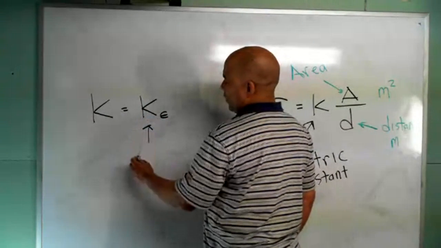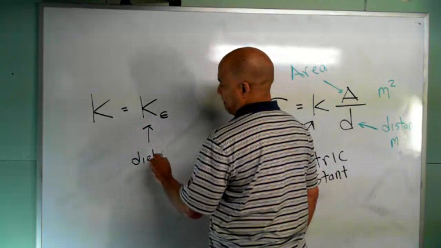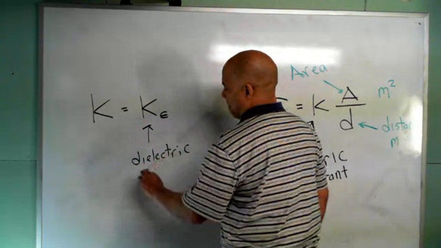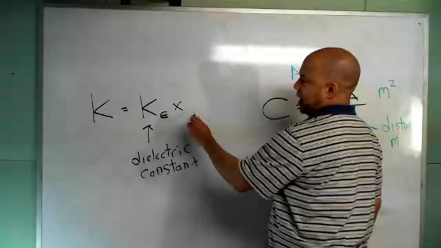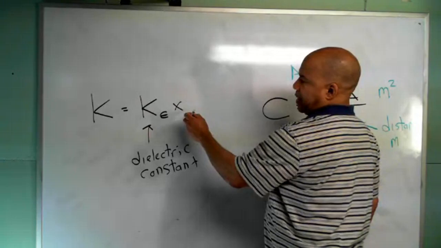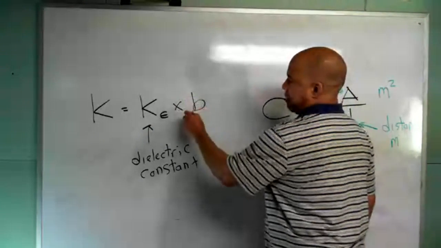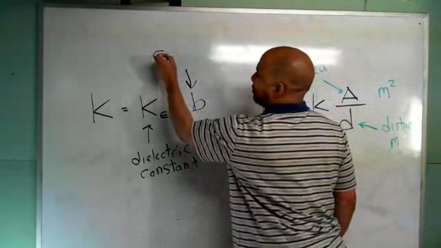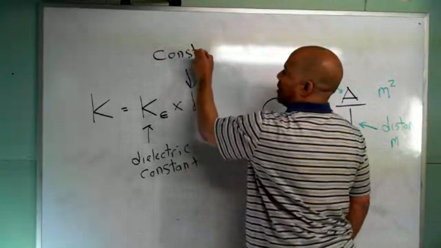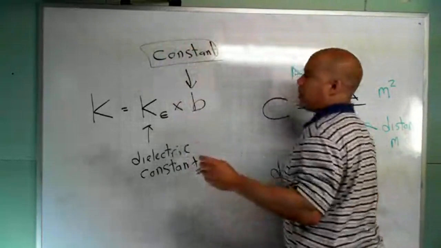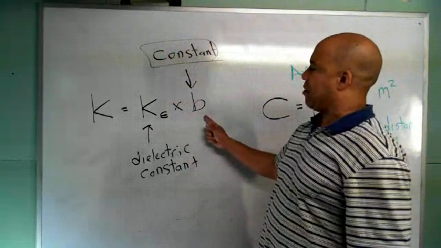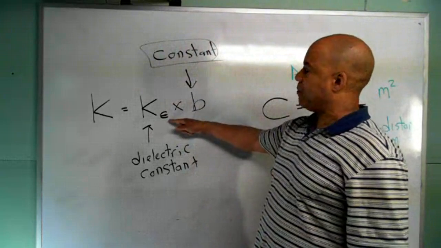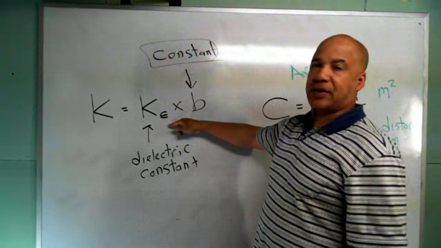This is really the dielectric constant times some factor. I'll just call it B for now. I don't know what this factor is. It's a constant value, and I can't remember it right now. But what I do is take that constant value and multiply it by this K sub epsilon, which is the dielectric constant of a particular material.